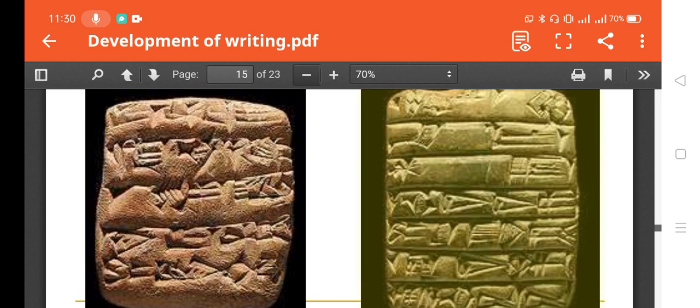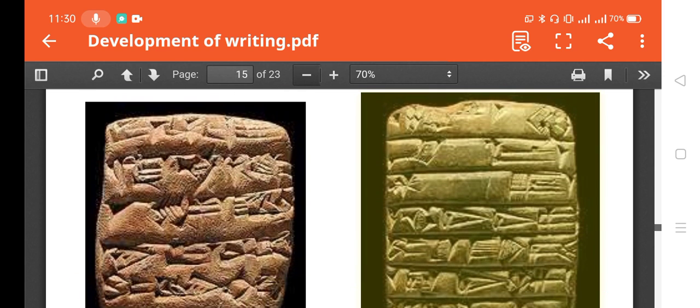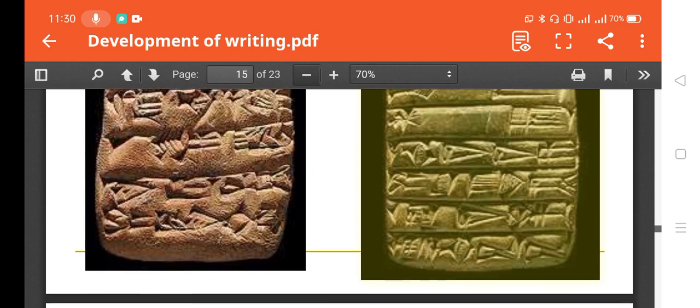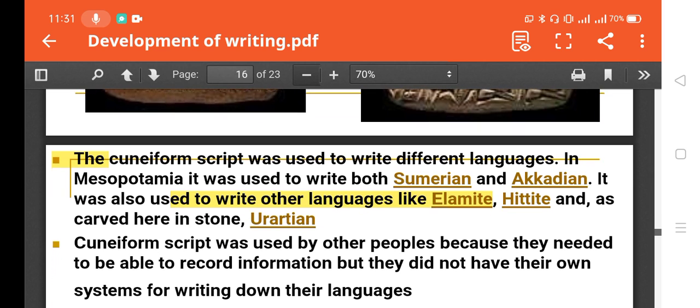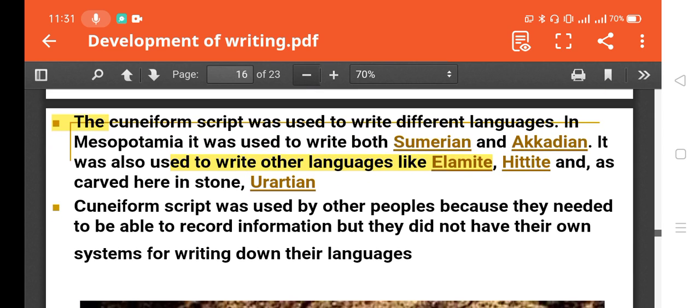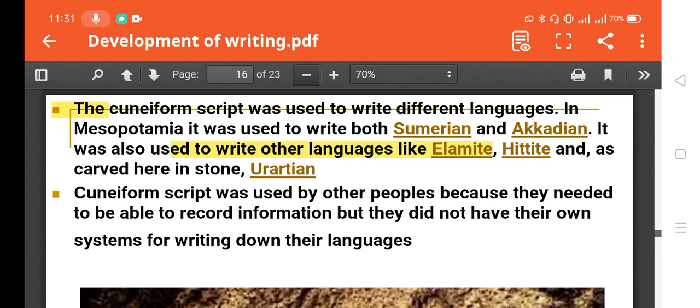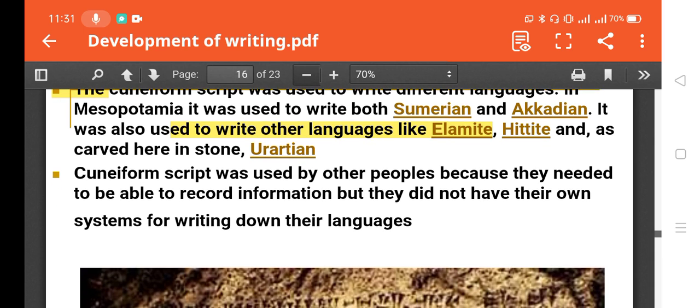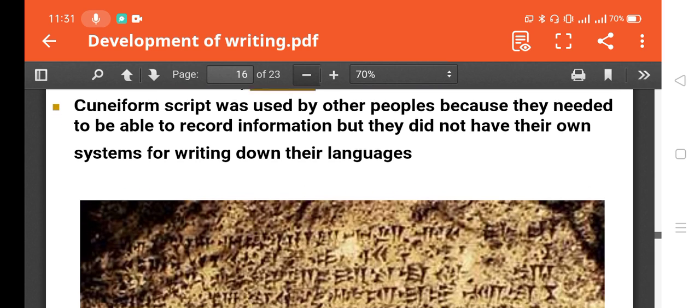So these are some samples of that. Cuneiform script was used to write different languages. The Sumerians, as I already told you, in Mesopotamia, invented this system and it was used to write other languages like Elamite and Hittite.